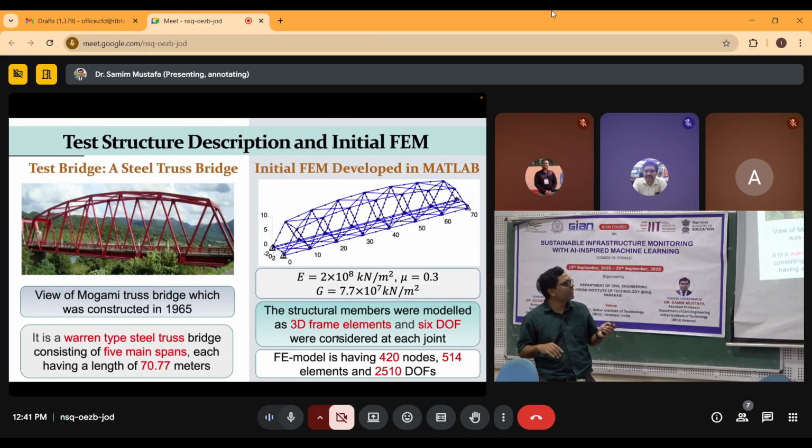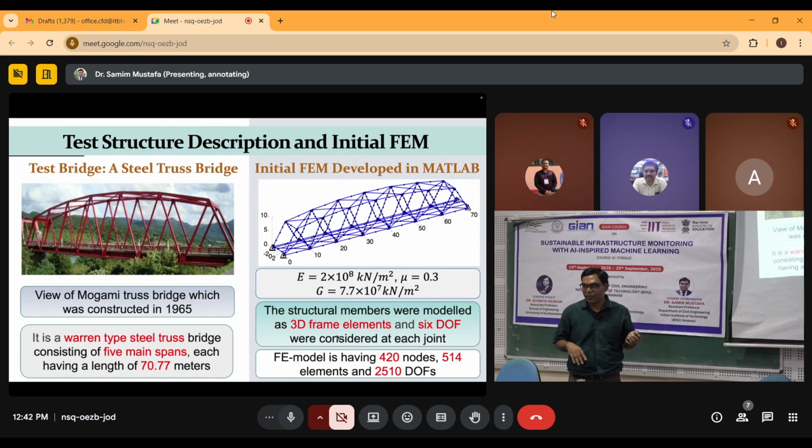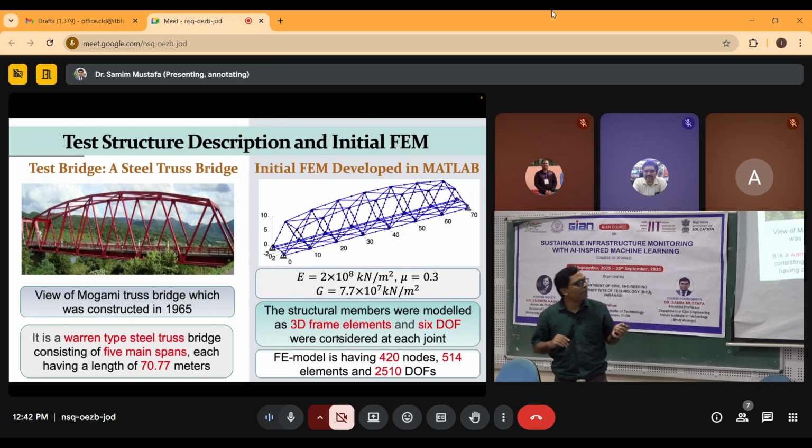This was a very old truss bridge in Japan, constructed in 1965. Probably you have studied this bridge. This is the numerical model of the same bridge developed in MATLAB.